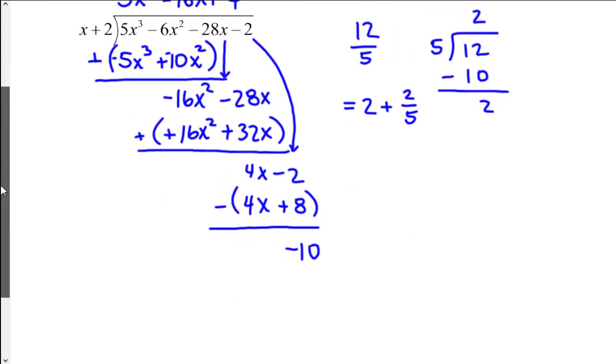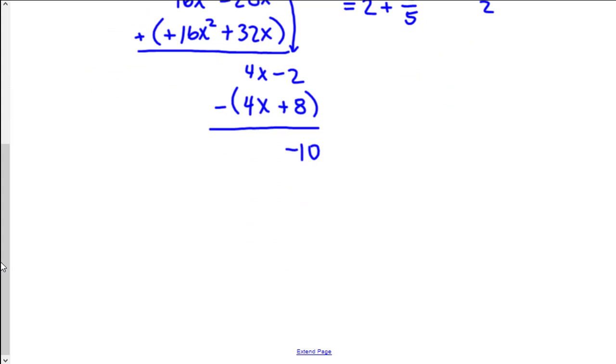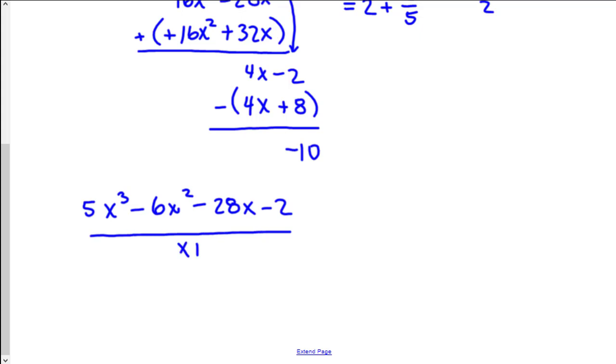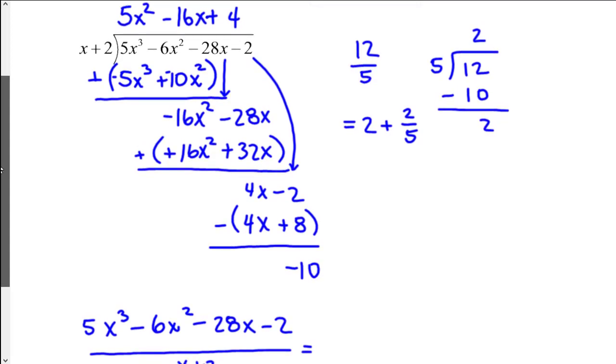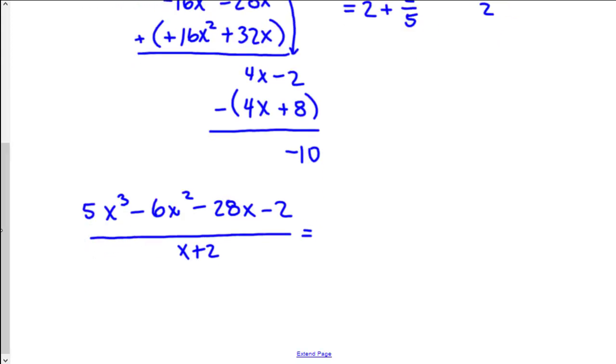I can express it as 5x cubed minus 6x squared minus 28x minus 2 divided by x plus 2. The quotient here is what's sitting on top of this fraction, or the division bar. So that's 5x squared minus 16x plus 4.